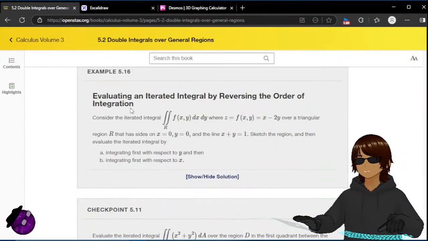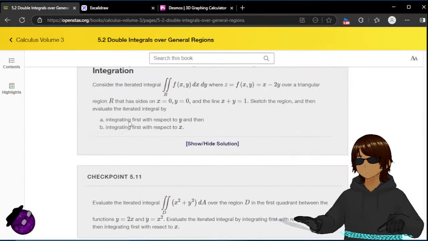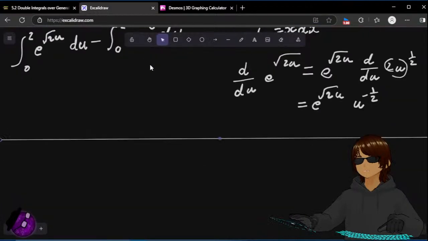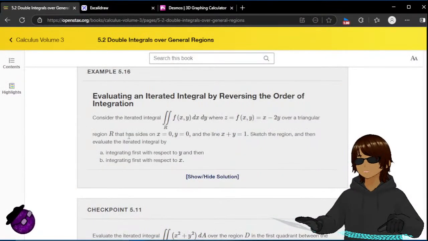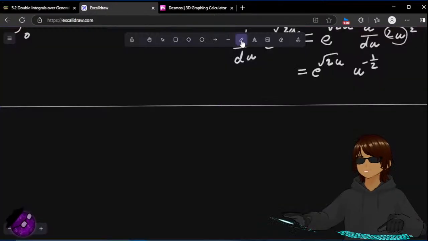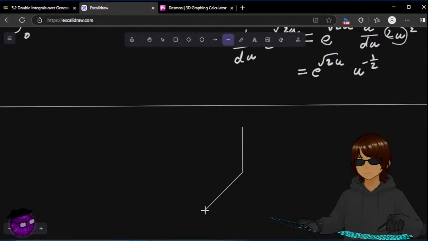Should I do this? Because I already took a lot of time in the previous example. x is 0, y is 0, x plus y is equal to 1. So it's like a plane, right? How do I sketch it?